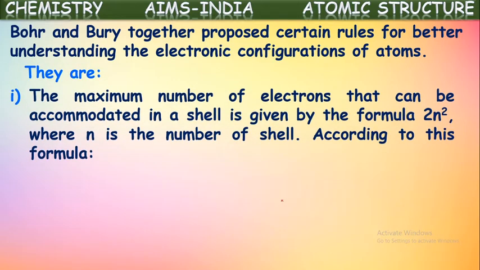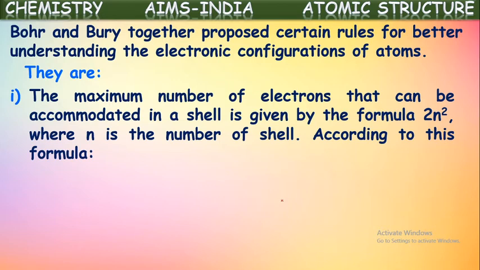The first one: the maximum number of electrons that can be accommodated in a shell is given by the formula 2n squared, where n is the number of the shell. Here n represents the number of that shell.